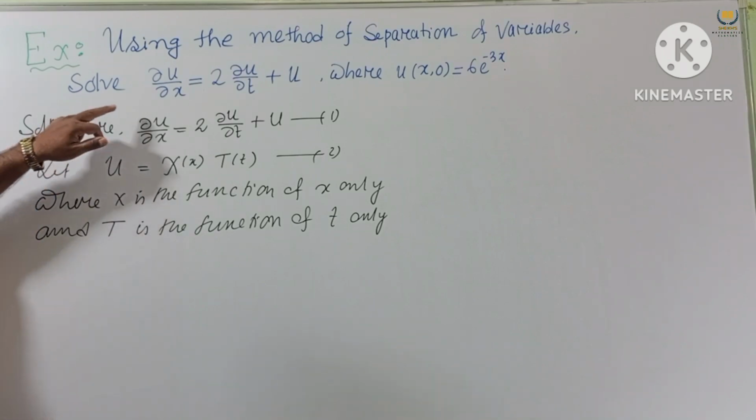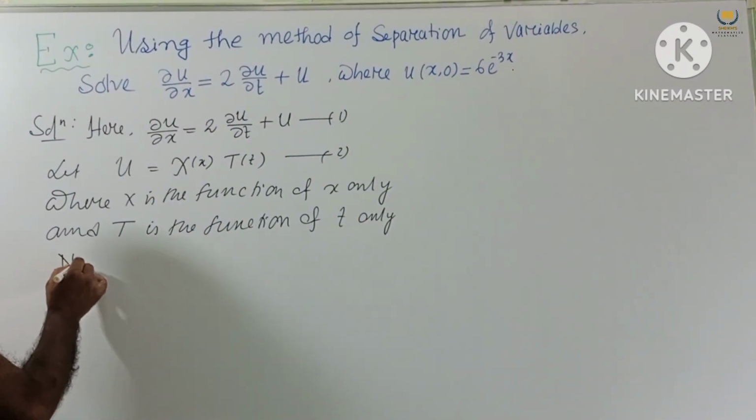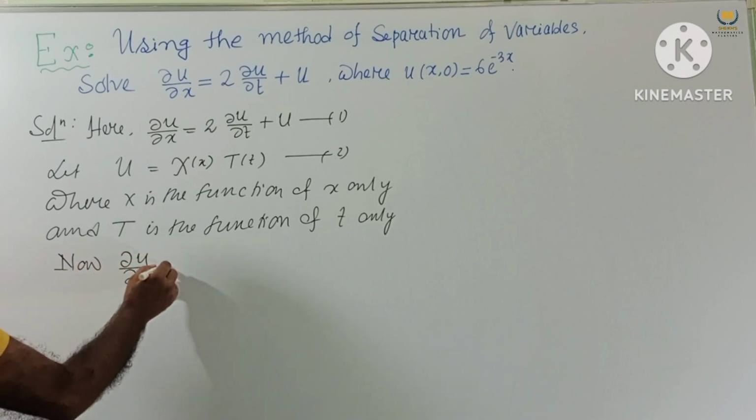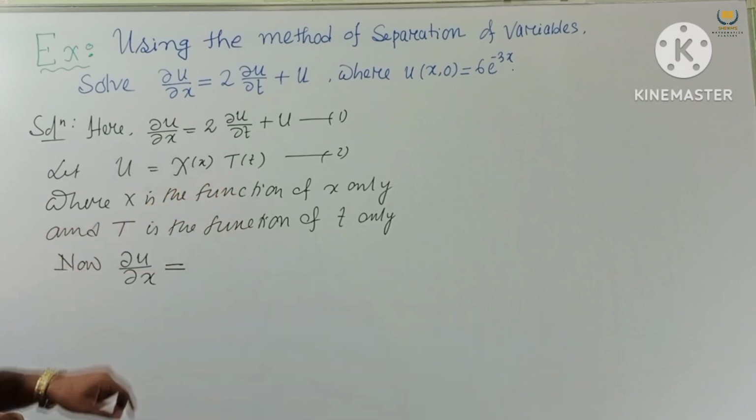Now in our problem ∂u/∂x is given, so we find ∂u/∂x. We differentiate partially with respect to x, then T is constant.